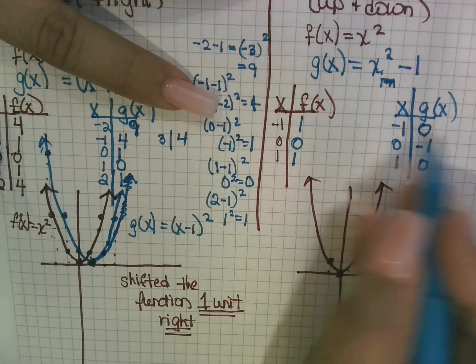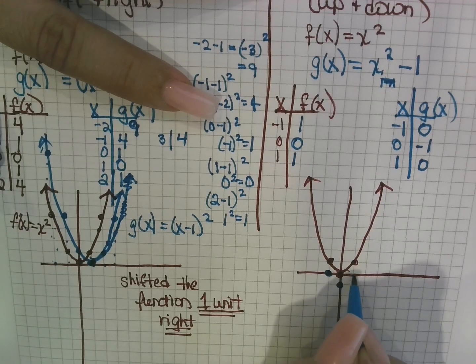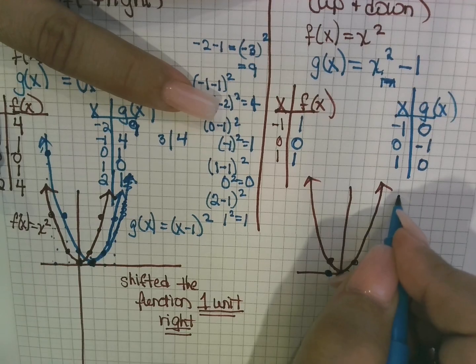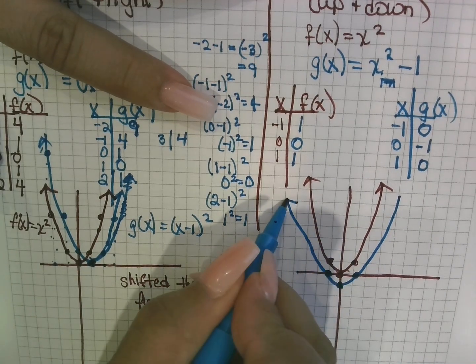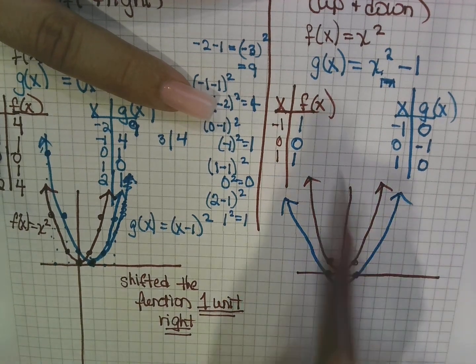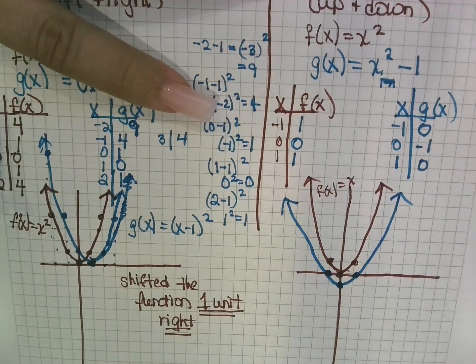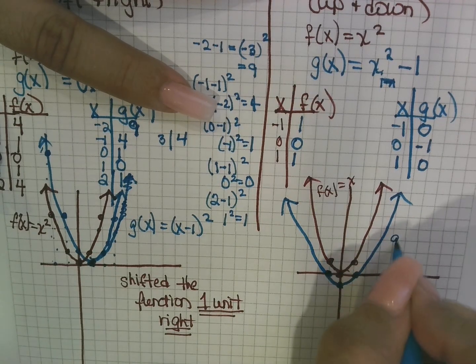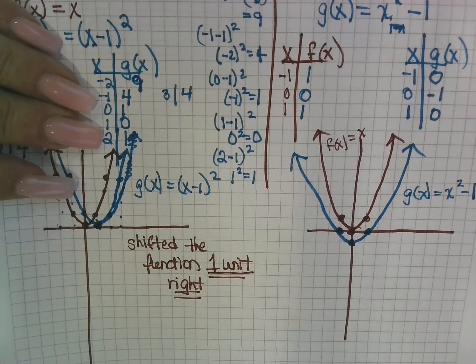And the new function, the transformed function, is at (-1, 0), (0, -1), and (1, 0). Okay, so once again, this is f of x equals x squared. That's my parent. This is g of x equals x squared minus 1. That is my transformed function.